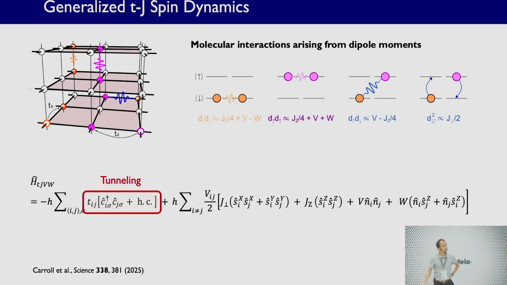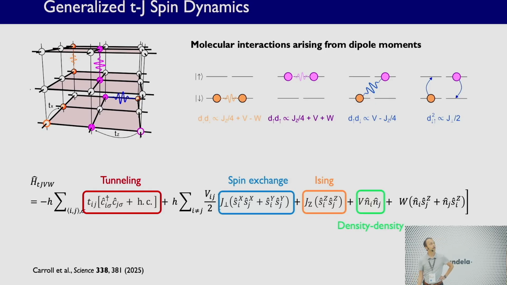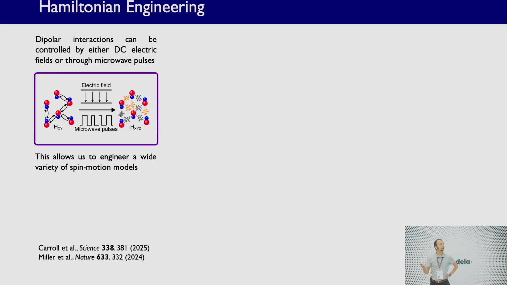So we have the tunneling over here, we have the spin exchange term over here, then we have an Ising term, a density-density term, and a density spin term. And we can tune these interactions using external fields, both DC electric fields and microwave pulses.